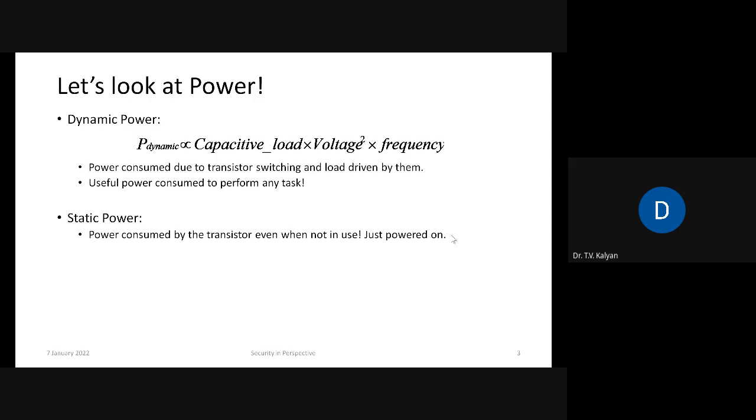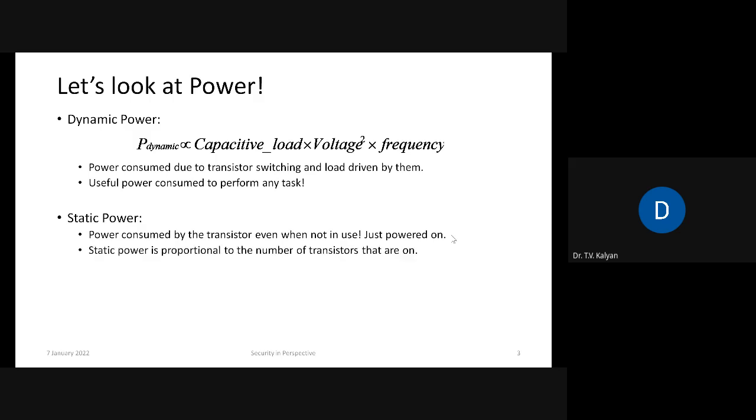This power is consumed when the transistor is just on. It's not specifically doing anything, but just to keep it on, we would require to supply at least this much amount of power. As an equivalent component of useful power, this is not so useful, I should say, because we are not performing any task, but it is still useful because we need to save the state of the program in the memory.